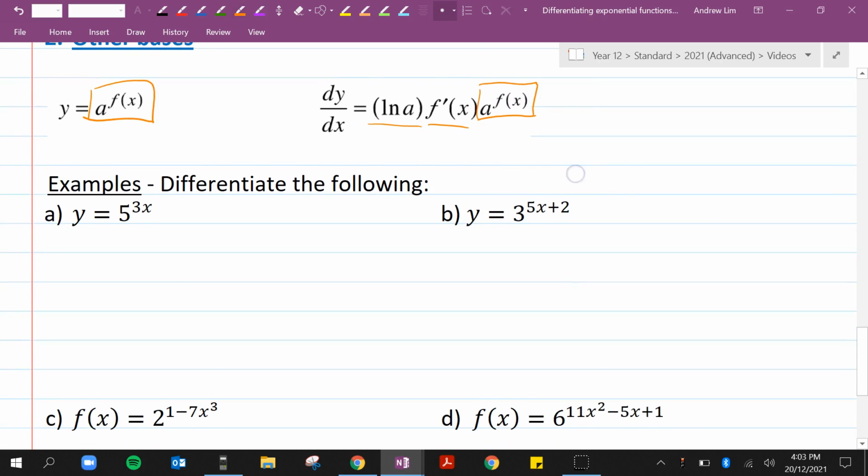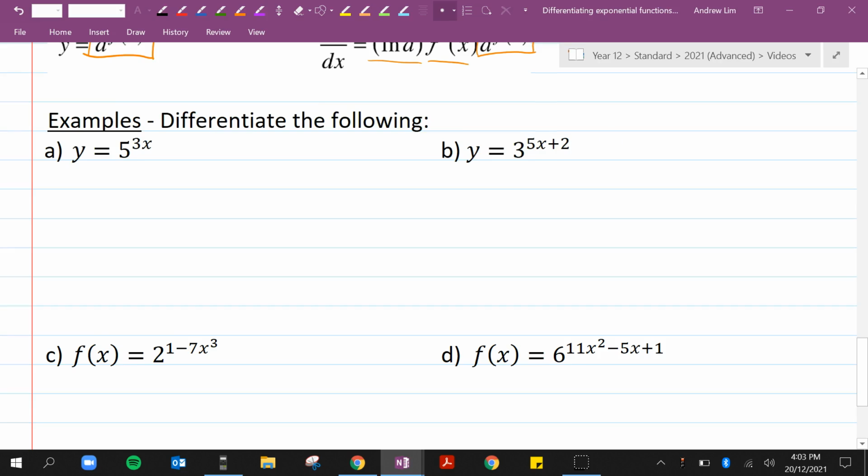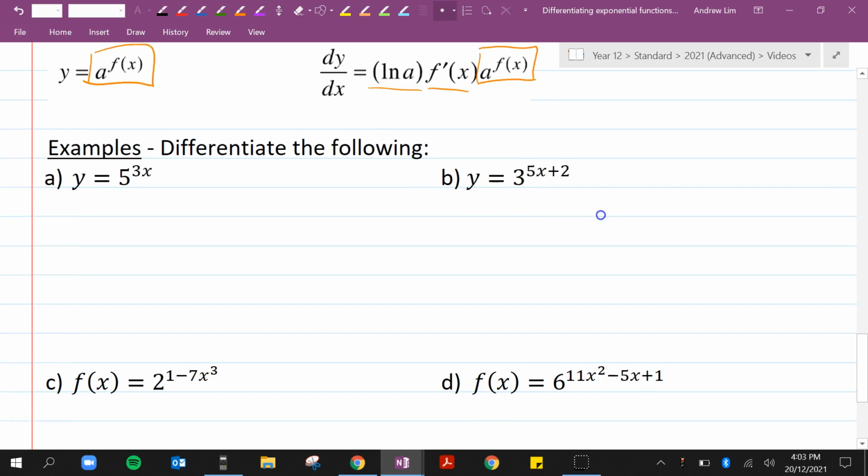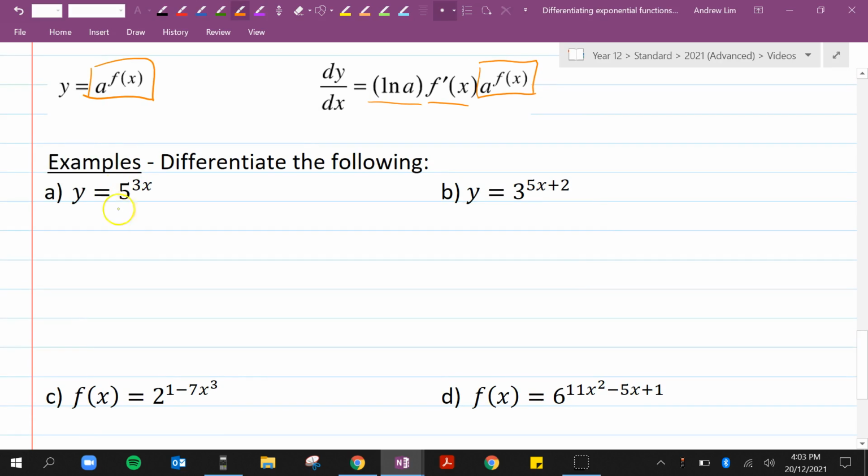So let's have a look at this example. We have y is equal to 5 to the power of 3x. We notice that the base is not e. So when we look at this formula here, we know dy/dx. I'm going to write down exactly what it is, 5 to the power of 3x. In front of that, I'm going to have ln of a, so ln of 5, times f dash of x.